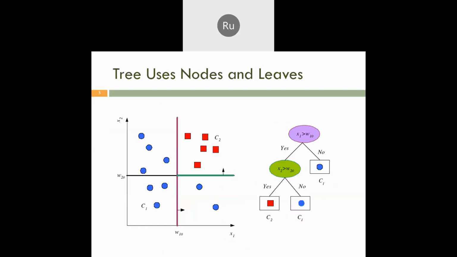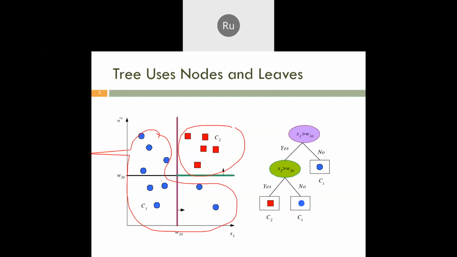So for example, if we have two variables that can be used to represent your data, we have two classes here. You know that we have two classes because we have the red and also the blue.